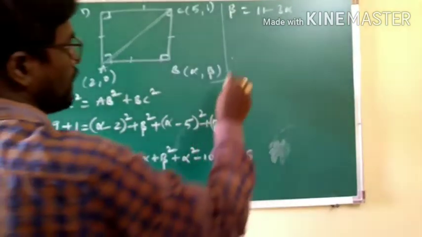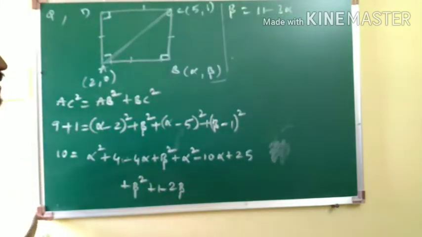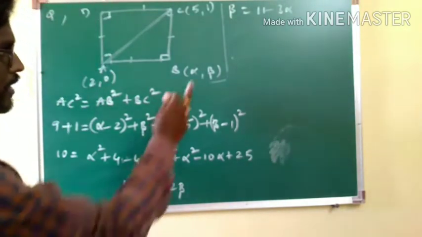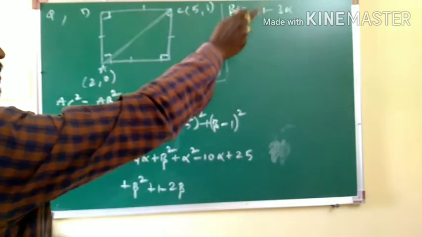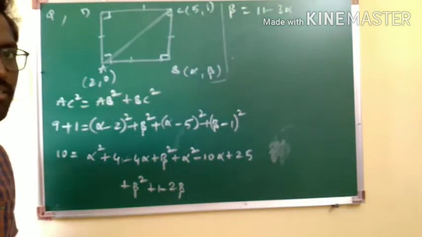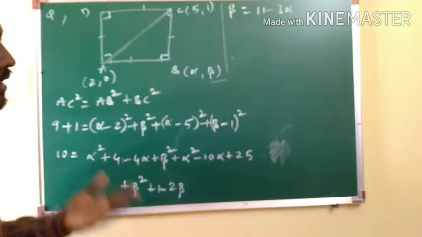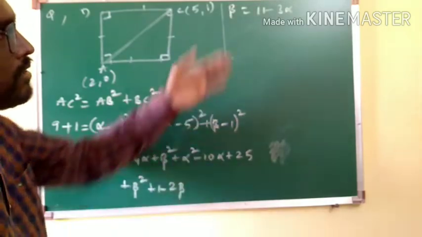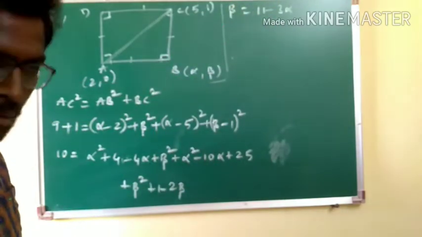We have already got the result that beta is equal to 11 minus 3 alpha. To trace out alpha and beta, we will use this beta result by substituting in case 2, so that we will obtain the alpha values. After getting the alpha values and substituting here, we will be getting the beta values.